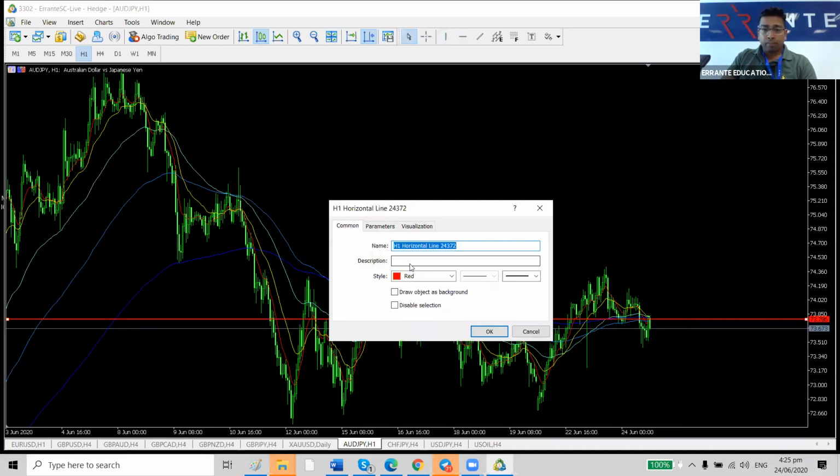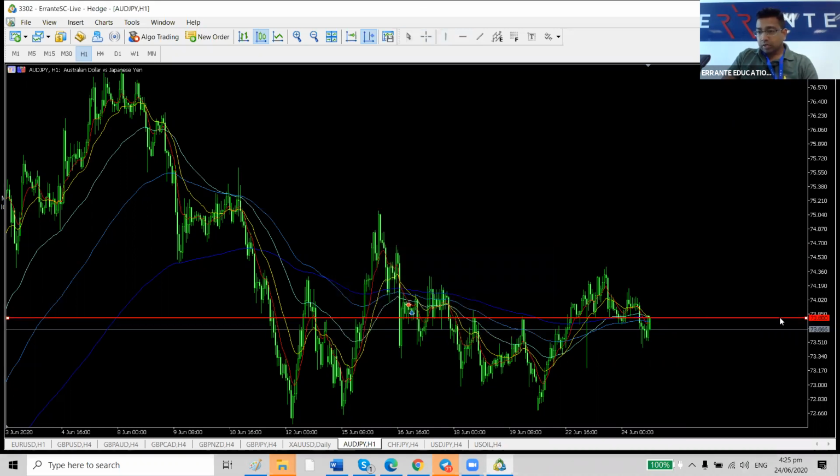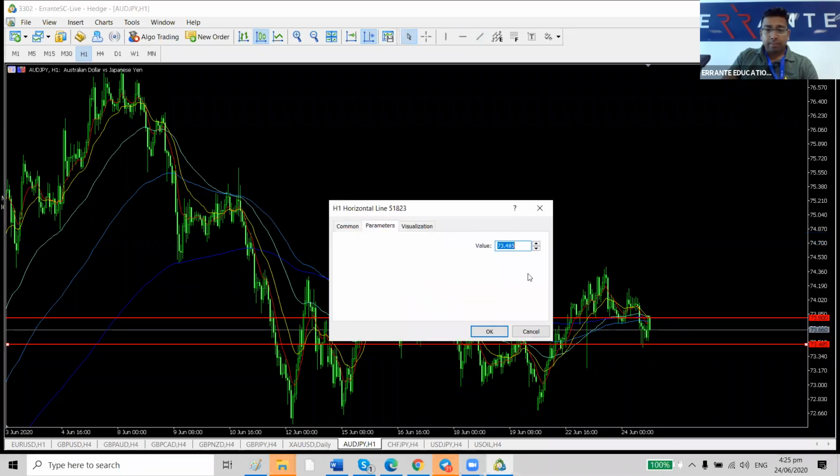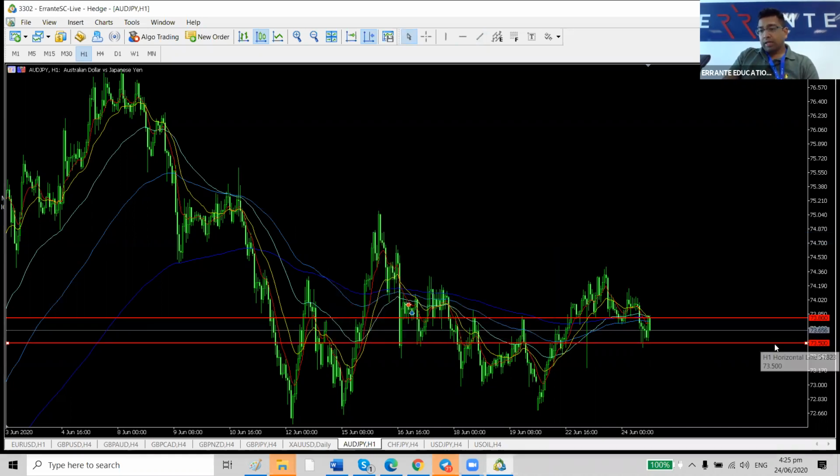So I'll just plot that one first, 73.80. Okay. And to the downside, it's really close to 73.50. Okay. So 73.50. There you go. Right. So once that is done, then we've got an idea of the location of the current price, which is trapped between two psychological numbers at 73.80 and 73.50.